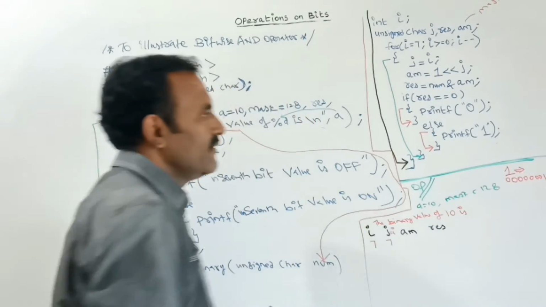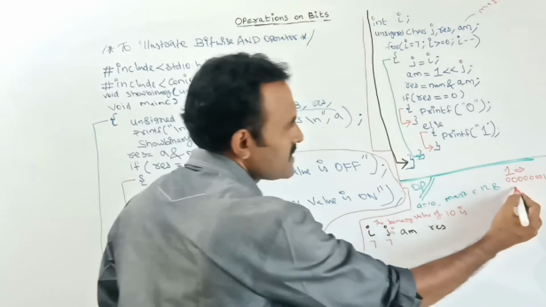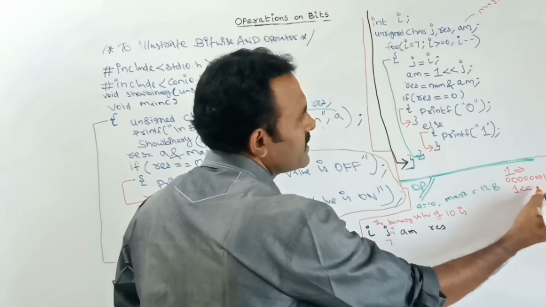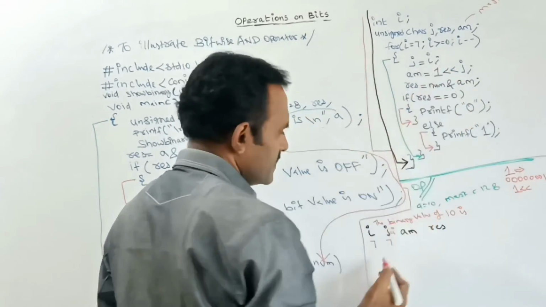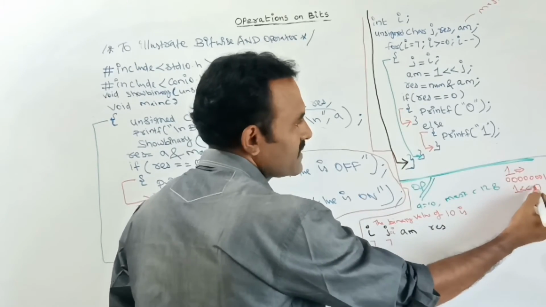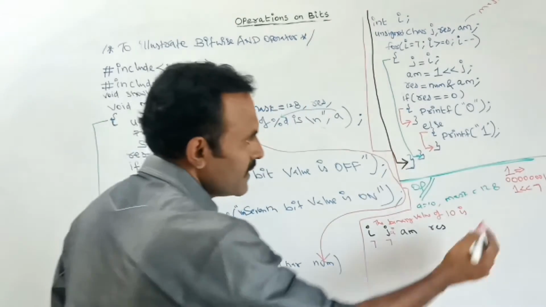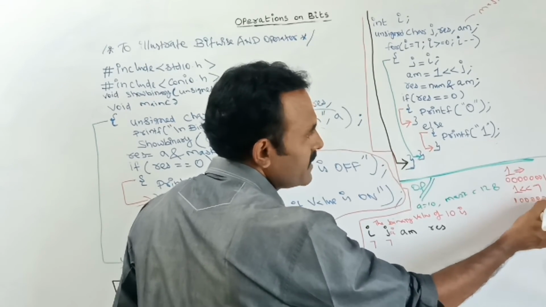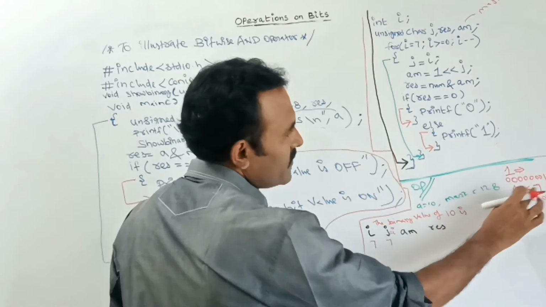This is the binary value of 1. If I am left shifting this 1 with j, what is the value of j? J value is 7. If I am left shifting with 7, then at the 7th position the value will be 1, remaining every bit value will be 0.